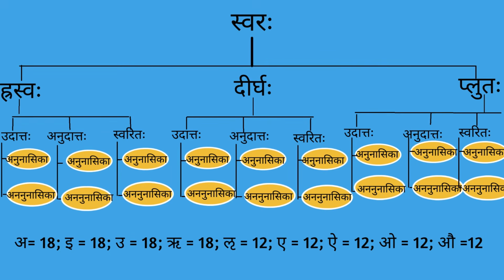So totally 18 different variations will be there. The vowels A, I, U, R have 18 variations, but the vowels L, E, AI, O have 12 variations, because L does not have a Dirgha swara, and E, AI, O do not have their Hrasva components.